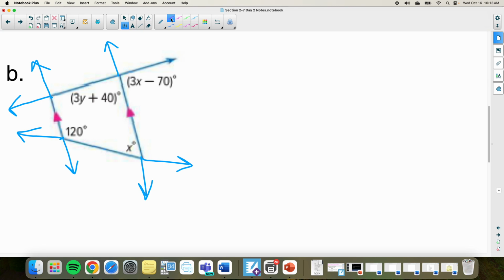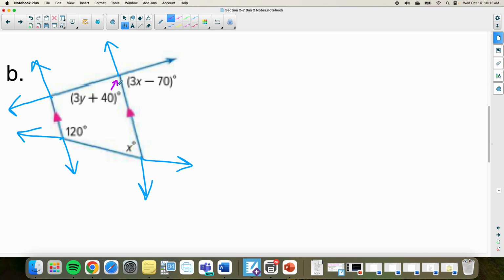Is this 3y plus 40 for the first one or the second one? Typically you can think, if there's a degree measure, the angle that it's closest to would be that angle. So this angle is for right there, okay? Now, let's find x first. So let's ignore this whole top and just look at these two parallel lines and this transversal.